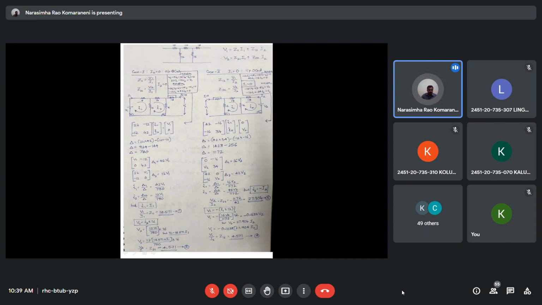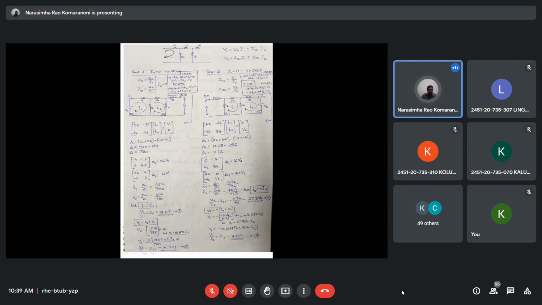This is the last problem in the Z parameters. In the next class we'll see another parameter, that is the Y parameter. See, this is a different one. Up to now we discussed only two loops, mesh 1, mesh 2. Here in this circuit, you will find three loops. Loop 1, loop 2, loop 3.